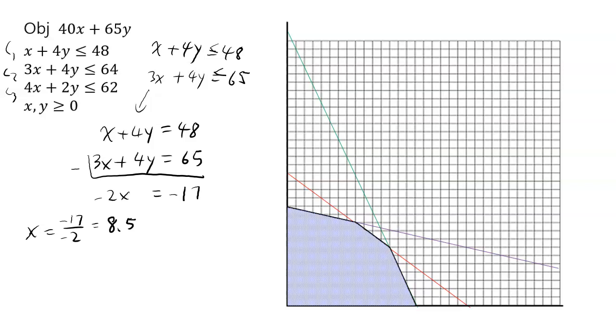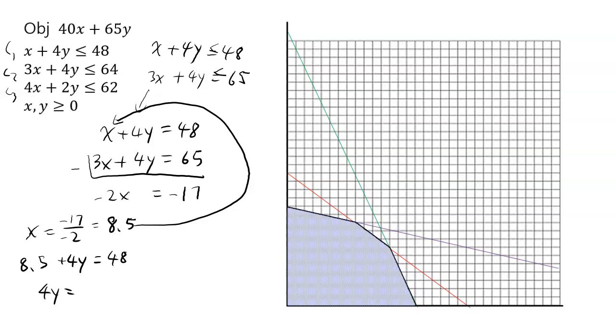Now when you have x equals 8.5, plug that back in here, so that 8.5 plus 4y equals 48, and then 4y would be 39.5. If you subtract 8.5 from both sides, this is what you're going to get. And dividing by 4, you get 39.5 divided by 4.